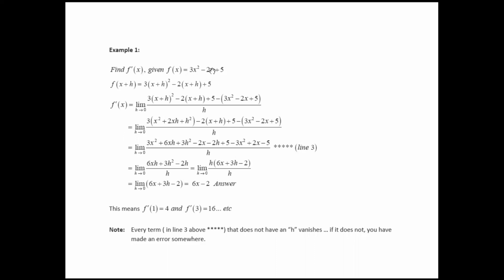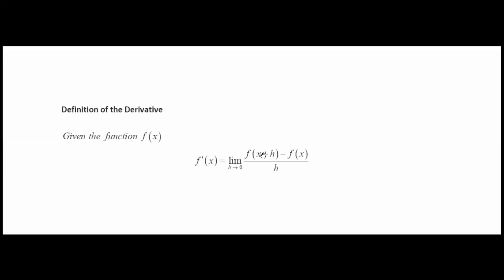Well, we have the function that's given to us. We have to find f of x plus h for ourselves. Well, that's nothing more than everywhere there's an x, put x plus h. So that's 3 times x plus h squared, minus 2 times x plus h, plus 5. Substitute in to our formula from back here.